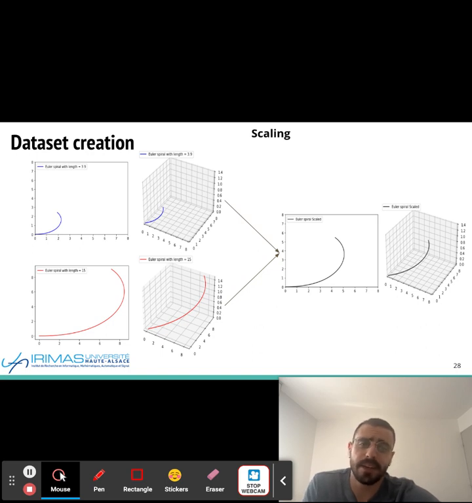So as we can see here, we have two pieces that have the exact same shape in 2D and 3D, but with different numerical lengths. So the idea is that when we have to deal with any curve in our approach, we apply uniform scaling, which means here in this example making these two pieces have the same length.